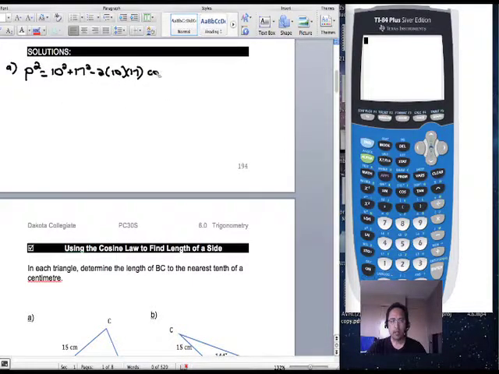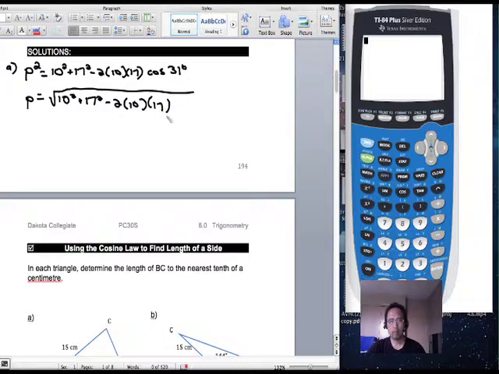Cos, and what's the angle? 31 degrees. So P, and you can punch this into your calculator as the square root of all this stuff, right? So just copy that down. And that line segment turns out to be around 9.9 centimeters.